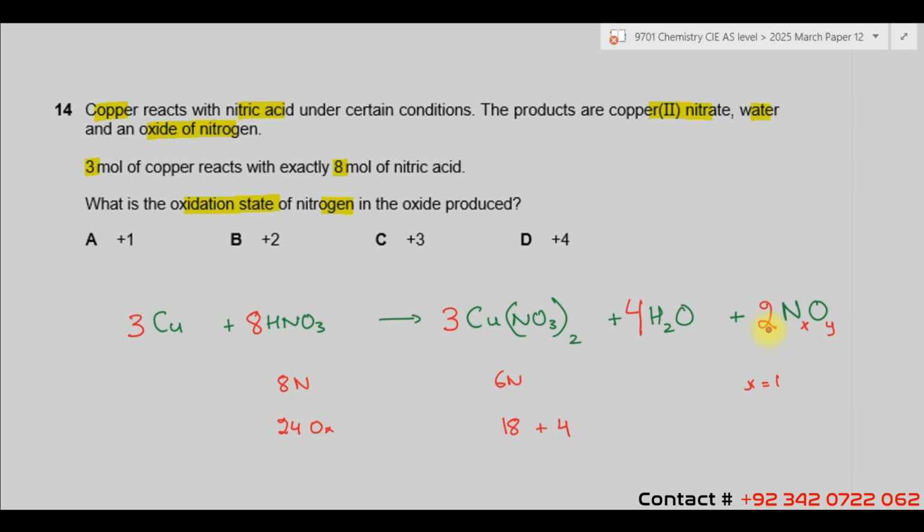So it means there will be a 2 with NO. So Y is also equal to 1. So the formula of nitrogen oxide is NO. In NO, oxygen is minus 2. So nitrogen must be plus 2, as overall it's a neutral molecule. Correct answer is B.